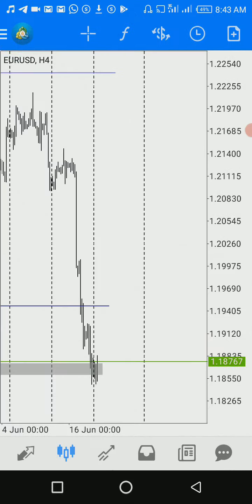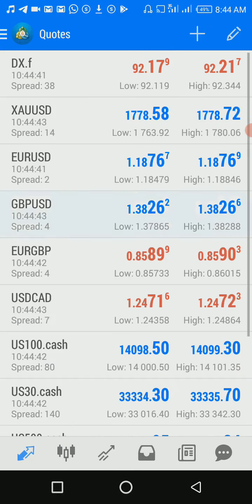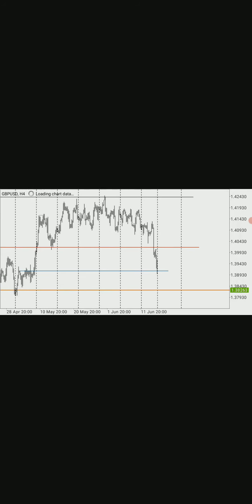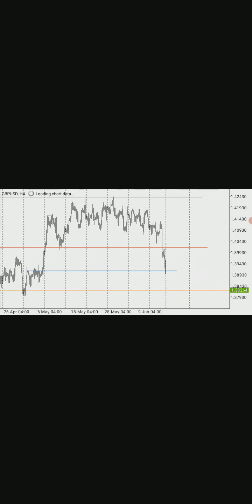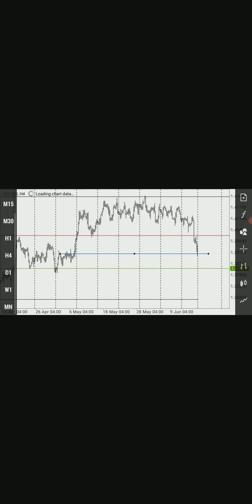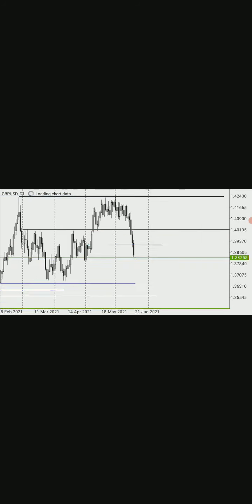And then let's take a look at what the GDP is telling us. Still loading.